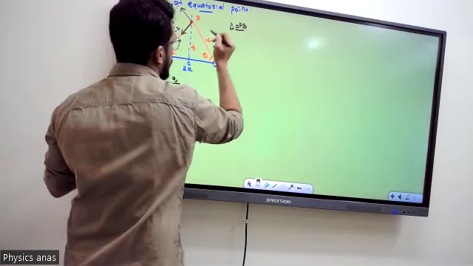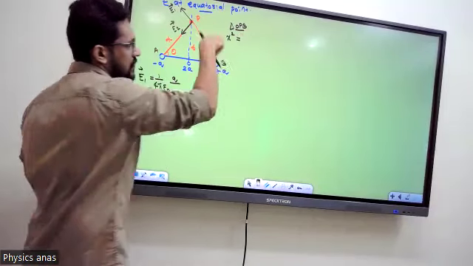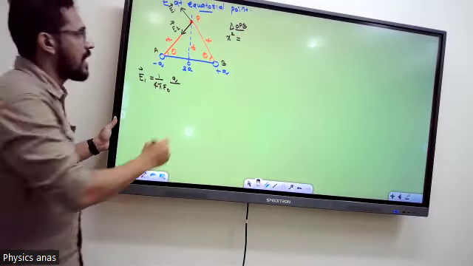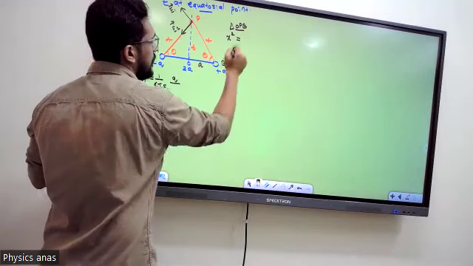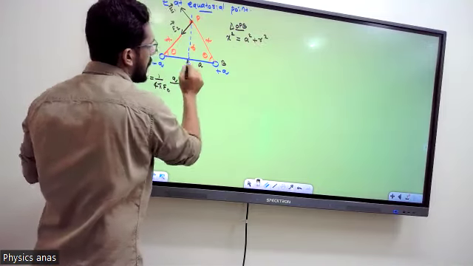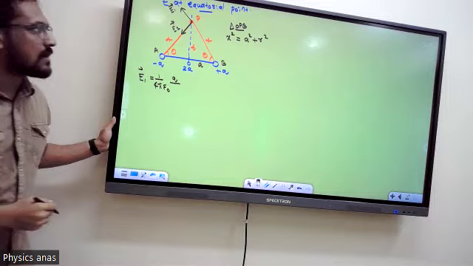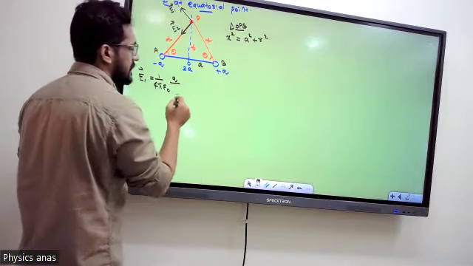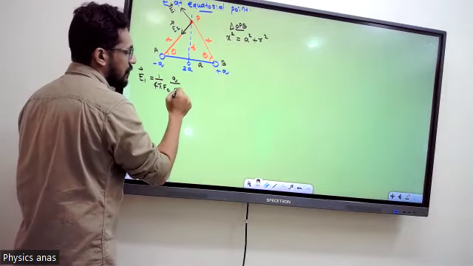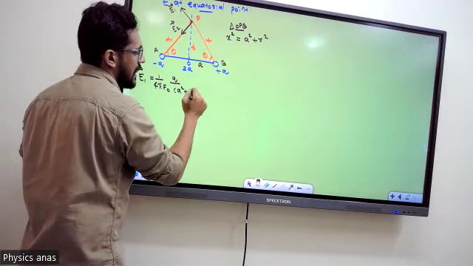From triangle OPB, you can find the value of x square. This is the hypotenuse square, which will be base square plus vertical square. So x square is a square plus r square. You can write the value here: a square plus r square.